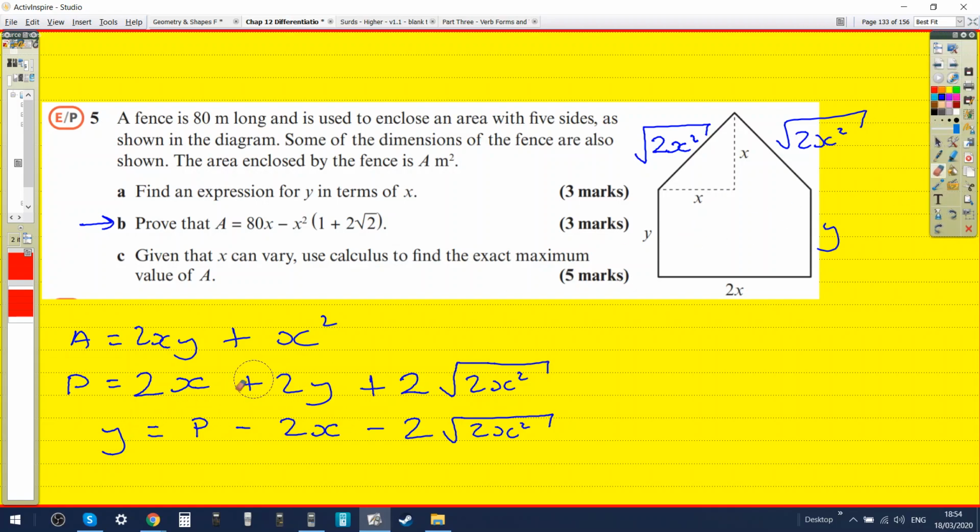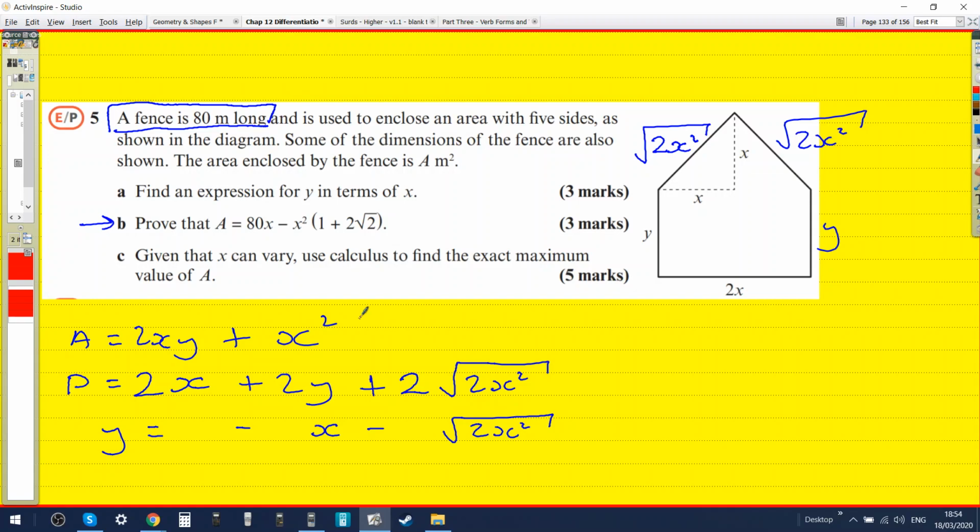We want y in terms of x only. How do we eliminate p? If we sub in... P equals 80.